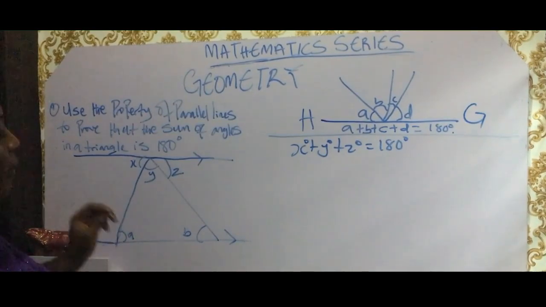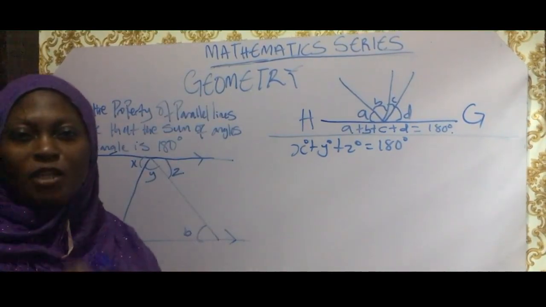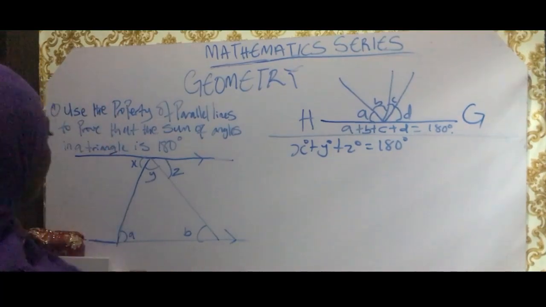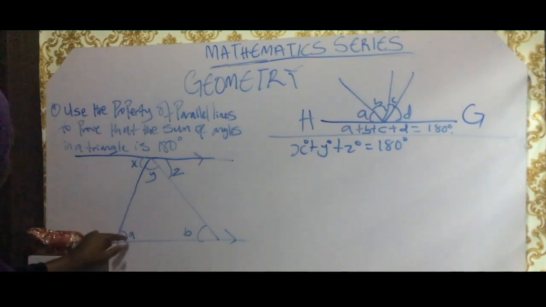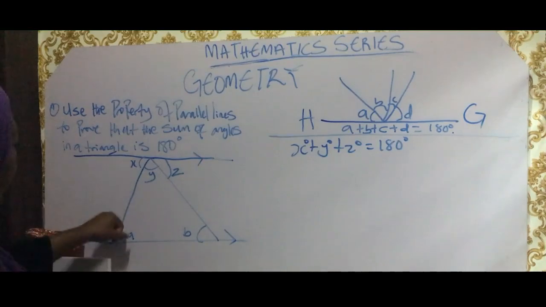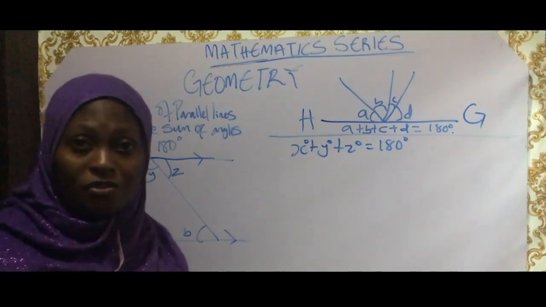But let's actually try to revise what we learned yesterday. We said if we have angles in the position of X and A, we can see X and A are on opposite sides of the transversal.